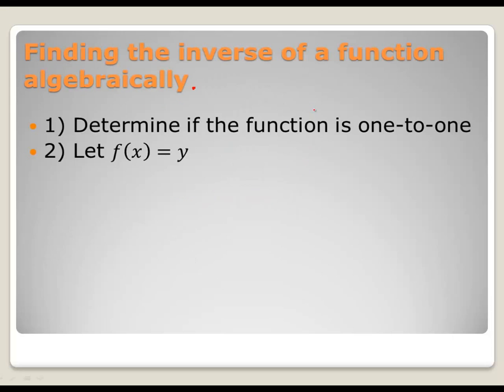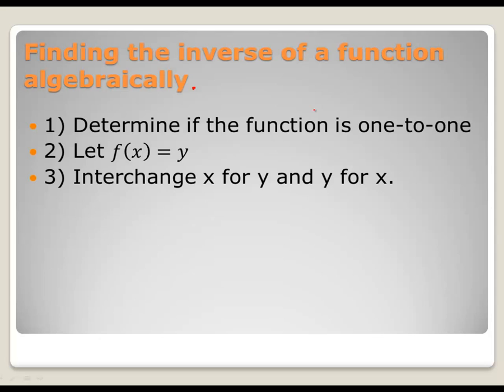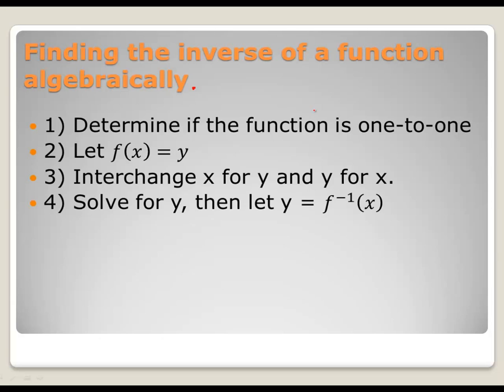Secondly, we're going to change our f of x to y. Third, we're going to change every y in our equation into an x, and every x in our equation into a y. Examples really are the best way to show this, but we're just going to switch the terms.